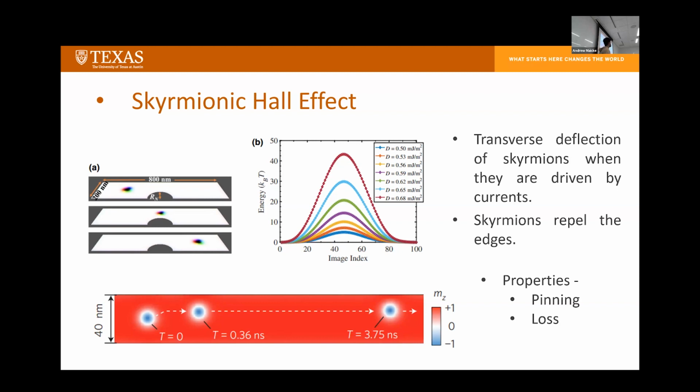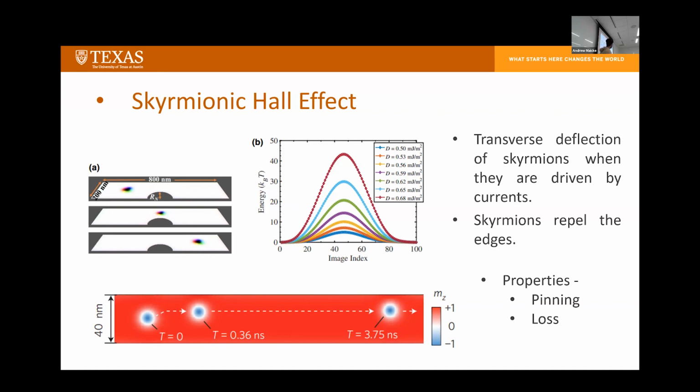It's been simulated and also seen that the higher the D, the larger the skyrmion is. So the larger the skyrmion, the one in red has the highest energy to cross over the notch. This could be a potential application in long-term memory storage because this was simulated to have a stability of more than a few years.